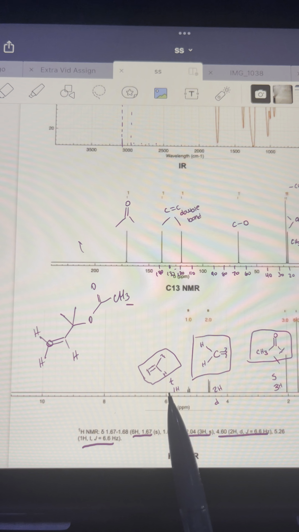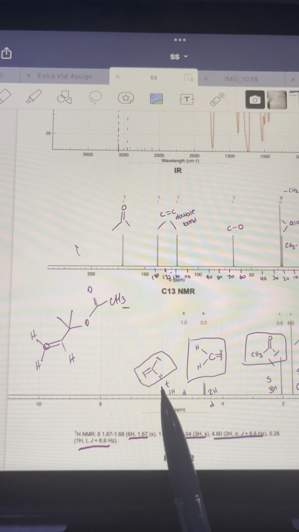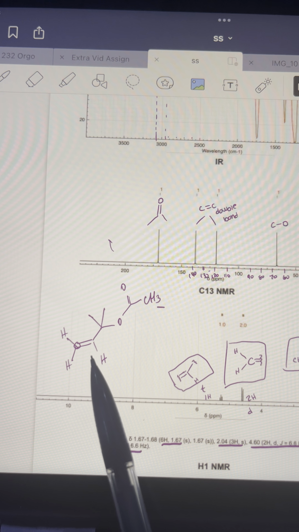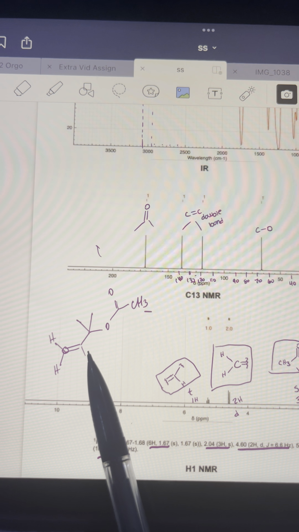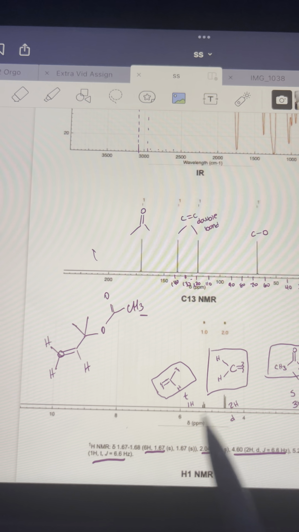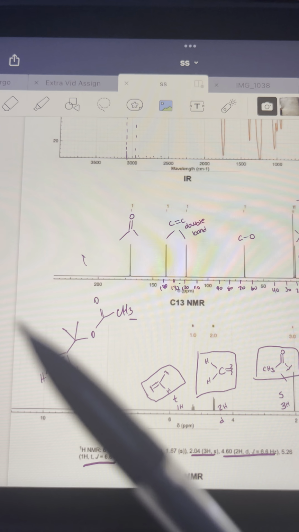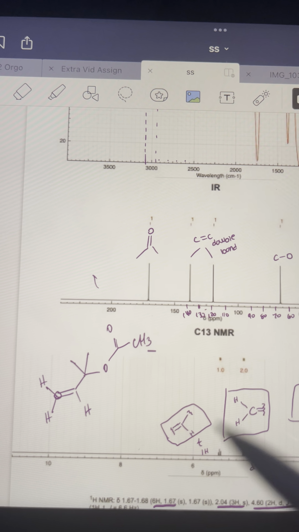And then over here we have a 1H integration, so it's a single hydrogen. We know that this is probably going to be this hydrogen right over here, because it has 2 neighboring hydrogens, which are these right here, and there's nothing else on those other sides, and that's the only peak left that it could be.